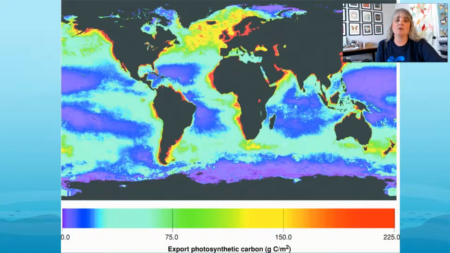All right, the oranger and redder you get is where phytoplankton grows the best. Where it's purple and blue is where there's less nutrients in the water for it to grow. See if you can notice any patterns, and we're going to talk more about this in class.